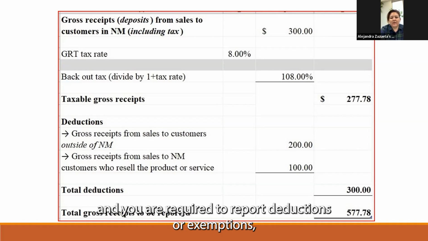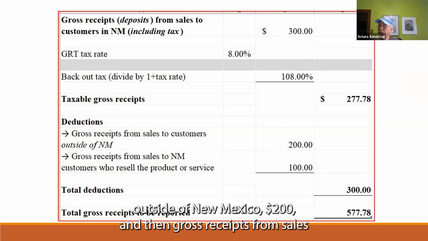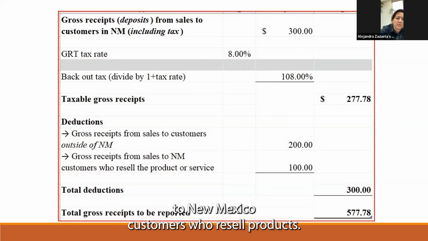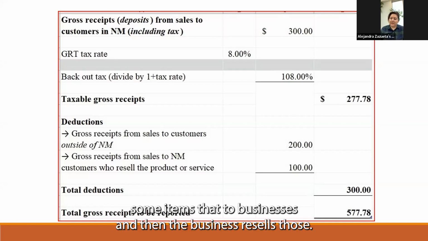And you are required to report deductions or exemptions, which in this example are sales from customers outside of New Mexico, $200, and then gross receipts from sales to New Mexico customers who resell products. So people like Sam's Club and Costco sell some items to businesses, and then the business resells those.